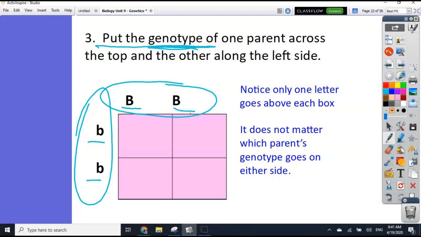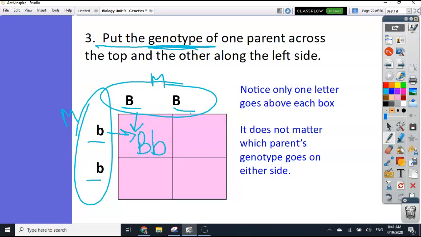It doesn't matter if I put mom on the top or if I put mom on the side, so long as both of her letters are going along one side of the box. Then what we do is we fill in the letters in the Punnett square. So in this first box here, I'm just going to follow these letters, right? So I'm going to have a big B and a little b.